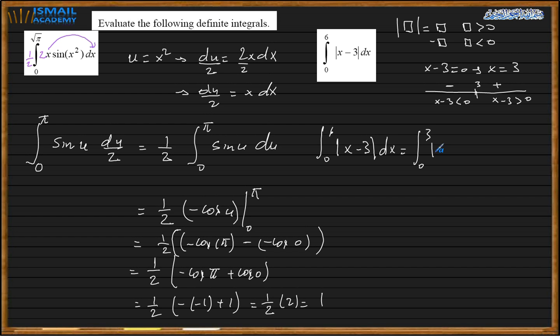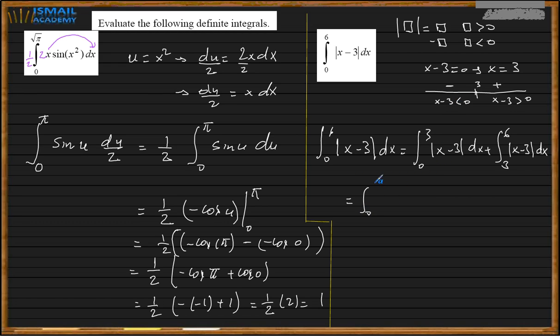Absolute value of x minus 3, where it's negative, is going to be minus the inside.